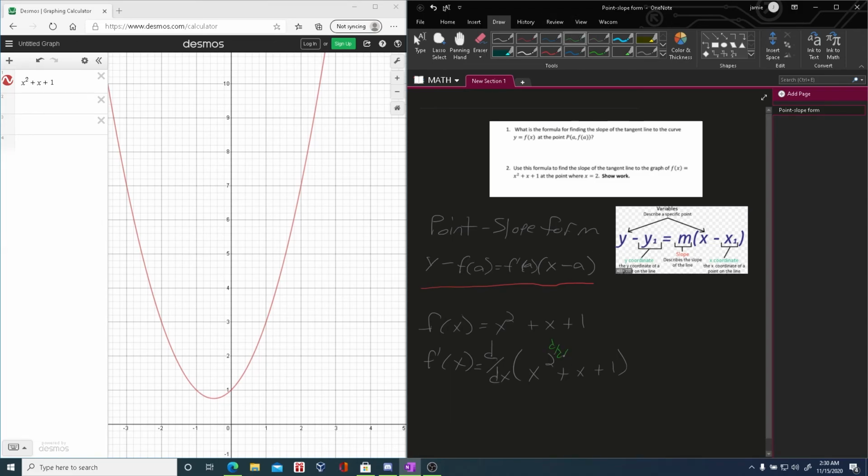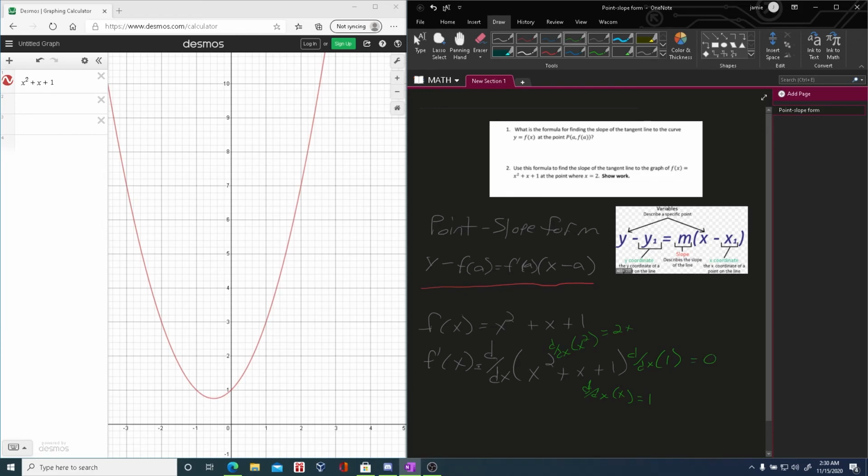So d/dx of x squared equals 2x. The derivative with respect to x of x equals 1, and the derivative with respect to x of 1 is just a constant, there is no x, so it equals 0.